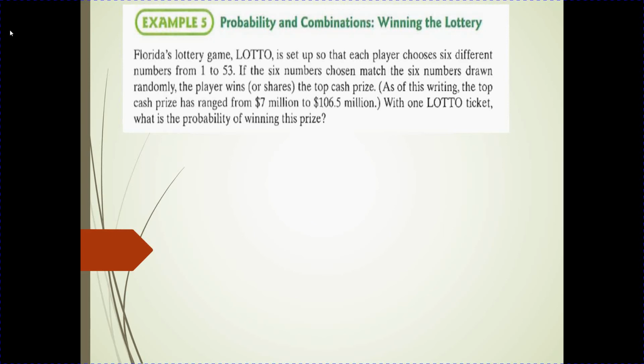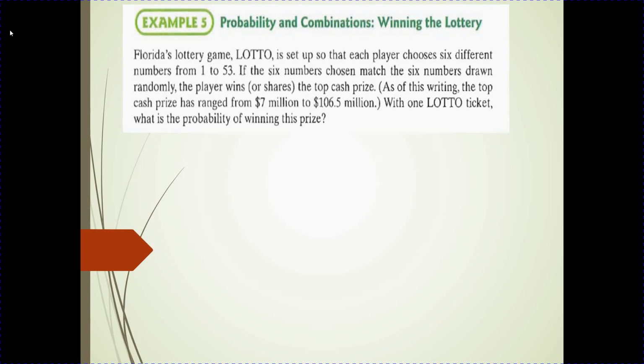Okay, so here we have 53 numbers. You are given numbers from 1 to 53, and you are going to choose 6 numbers from these numbers. That means one ticket contains 6 numbers.